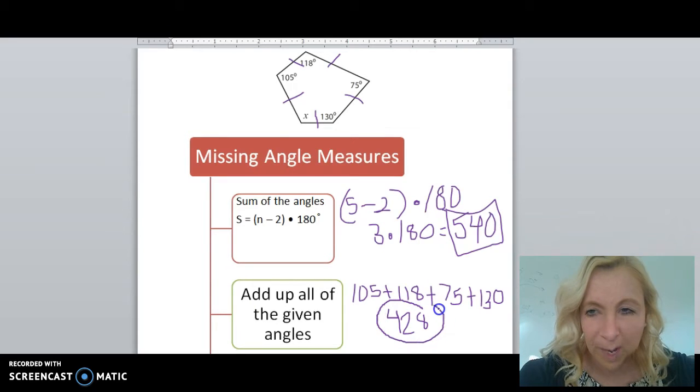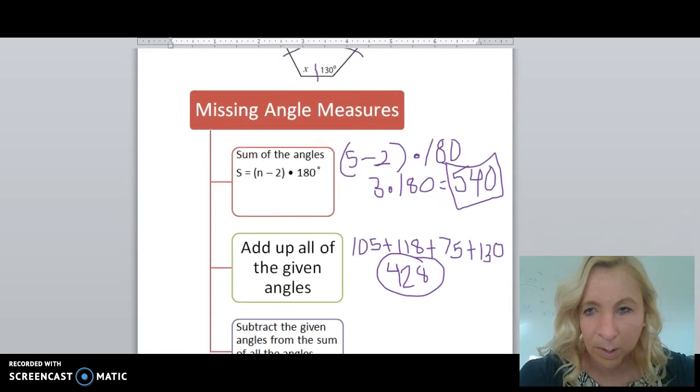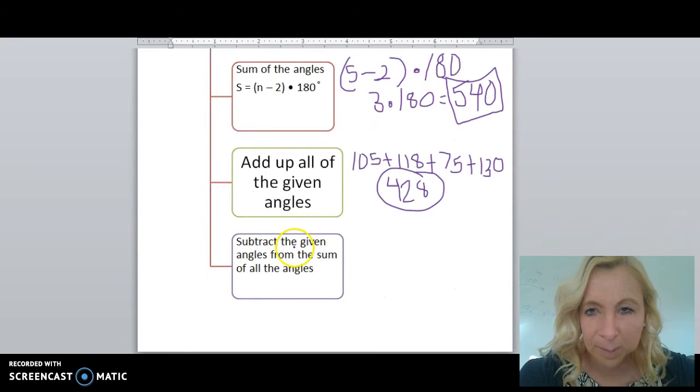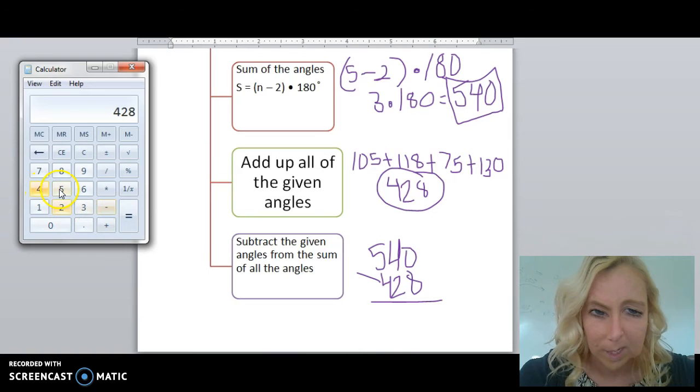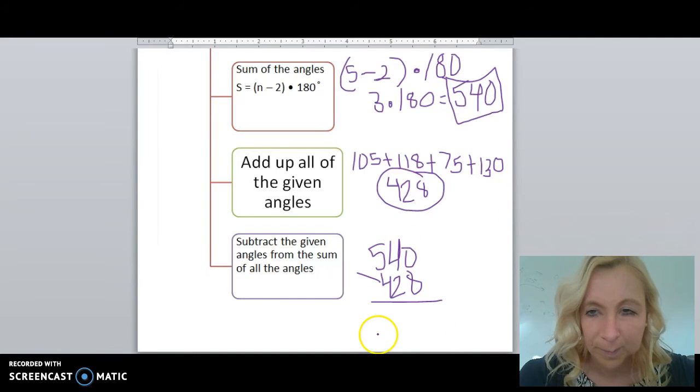So in order to find what's left over for this angle, I'm going to subtract the given angles from the sum of all the angles. So I'm going to take 540 and I'm going to subtract 428. And that'll give me what's left over in the missing angle measure. 540 minus 428 equals 112.